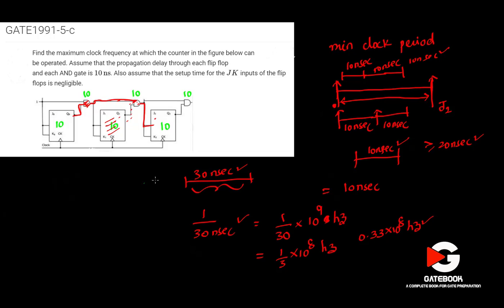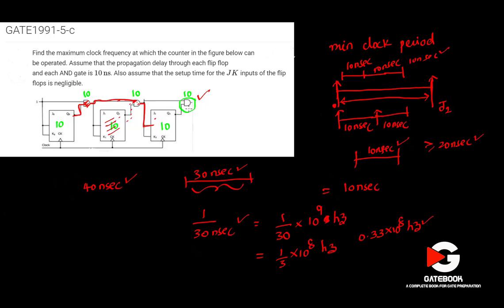Now, but what about this output? That is one more interesting question. In the question it is not mentioned; he was talking only about the counter, correct? But if that output is also considered, then that requires 10 more nanosecond. So finally that delay should be 40 nanosecond.